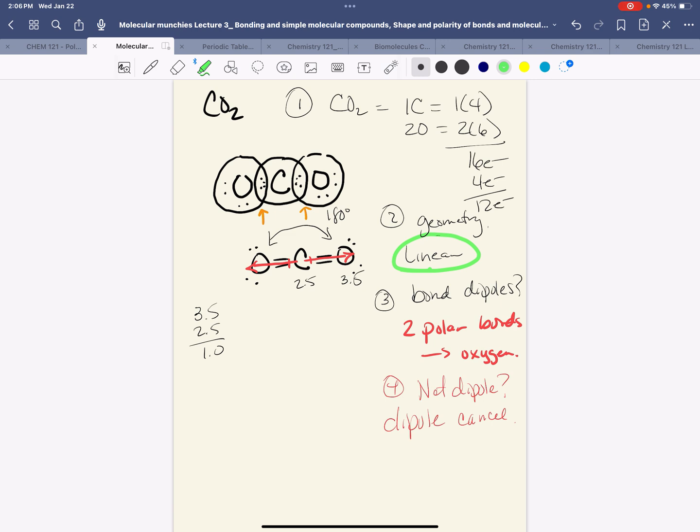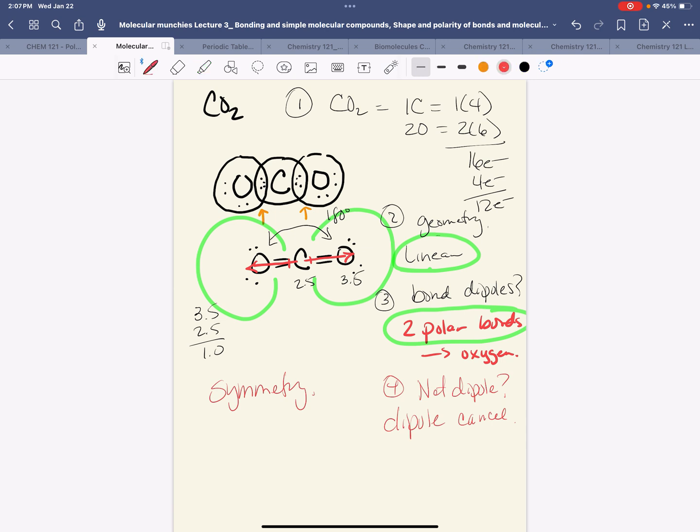And so ultimately what that means is there's this symmetry about this. And so polarity has a lot to do with symmetry. So this is kind of a crazy idea that I have two polar bonds, but I have a non-polar molecule. Okay, I have a non-polar molecule because basically those dipoles cancel each other out. So that is a huge idea, and that's where we're going to go with this.